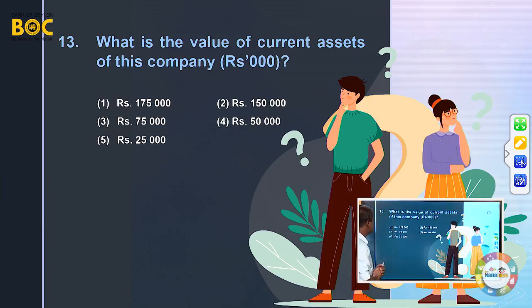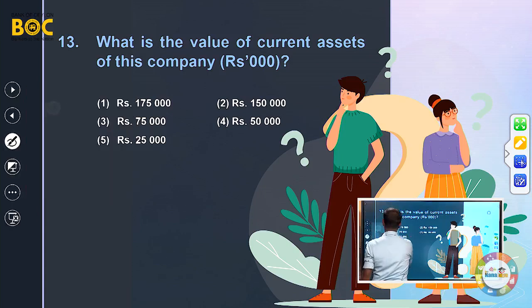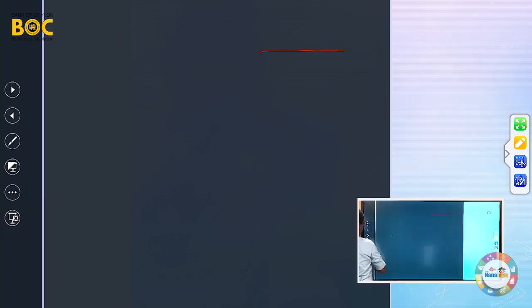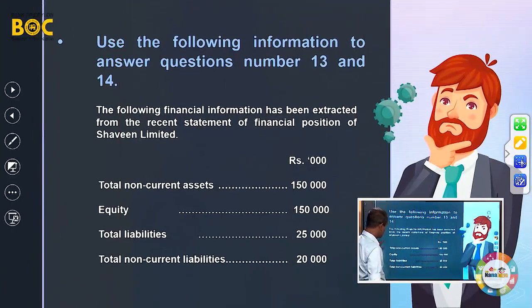So question number 13: what is the value of current assets of this company? If you go back to the previous page, the total non-current assets are given, and equity and liabilities are also given.